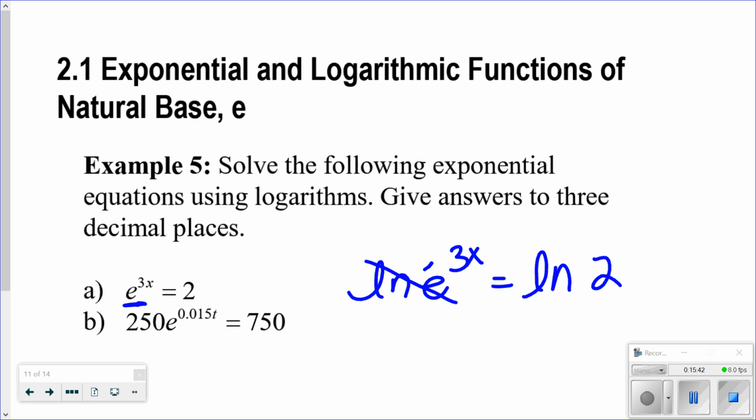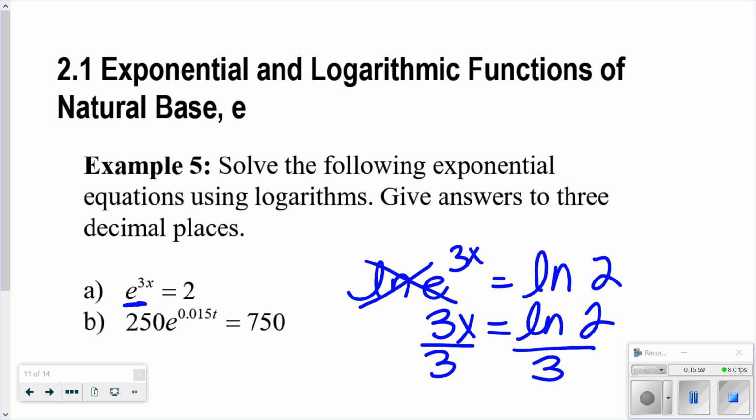On this side, it has the effect of canceling each other out and bringing down that 3x. So we have 3x equals the natural log of 2. I still need to get x by itself, so we still have to divide that by 3.